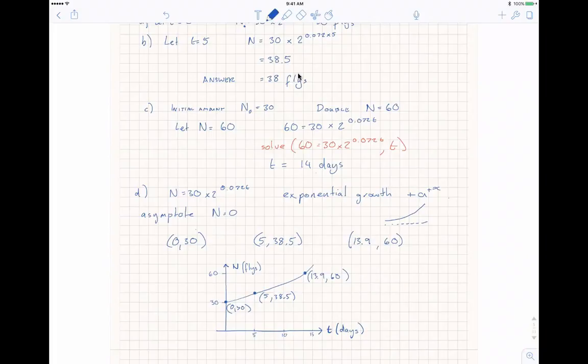Make sure with these graphs that you are labeling the axis not only with the variable but also with the description of what that variable measures, or the units. So we've got the number of flies and we've got time in days.